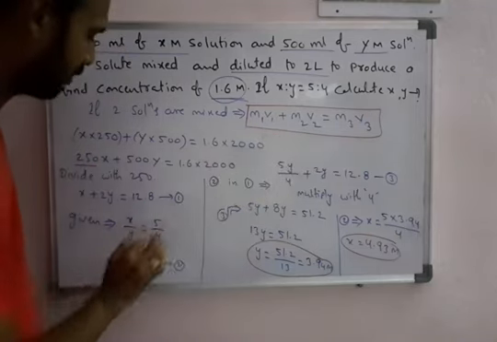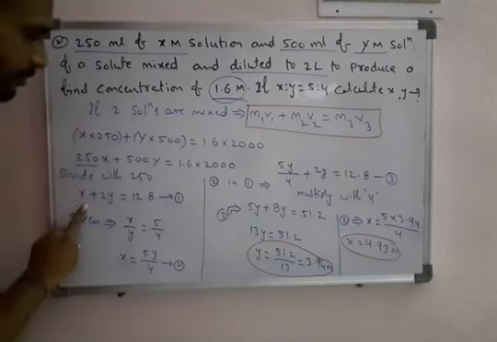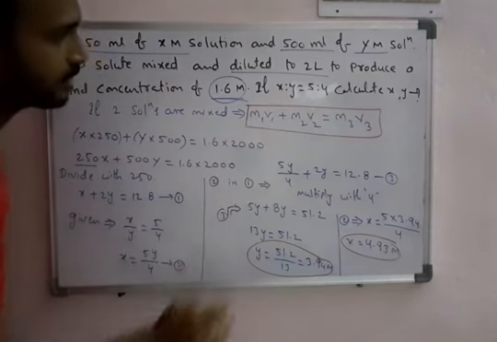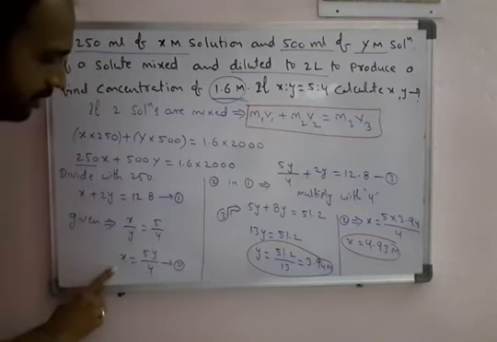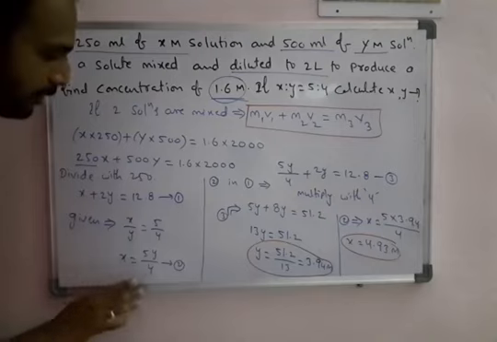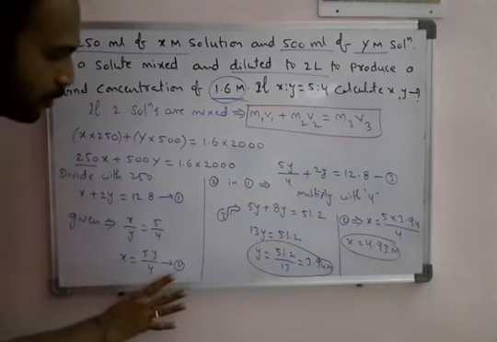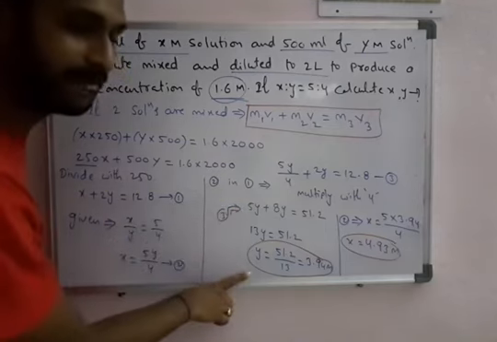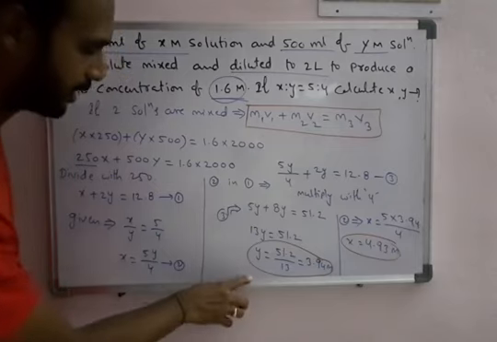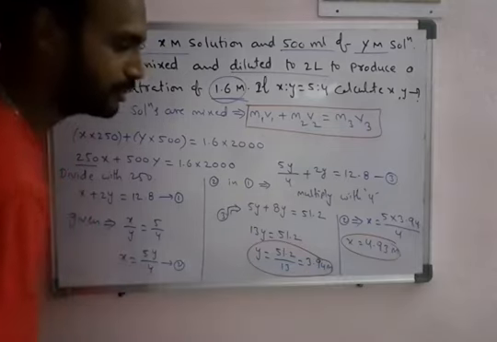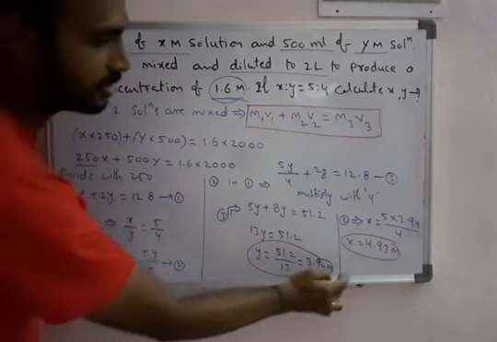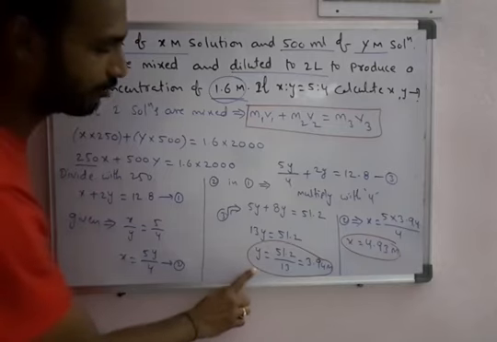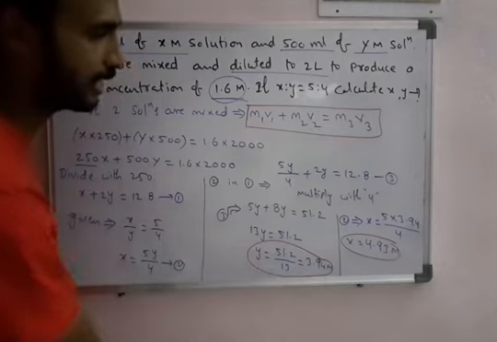By substituting these values we get this equation in terms of x and y, and with the given information x is to y equal to 5/4, that is the second equation. Now we substitute the second one in equation 1. So here we got the y value, and the y value is substituted in equation 2, getting the x value. So finally the first solution concentration is 4.93 molarity. Second solution molarity y is equal to 3.94 molarity. Okay, got it.